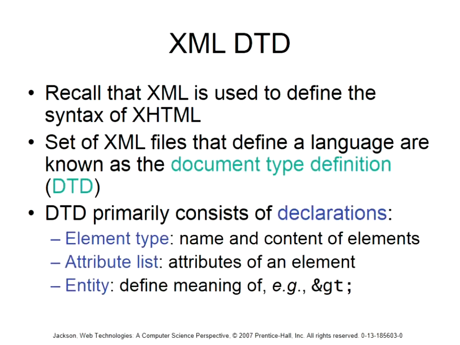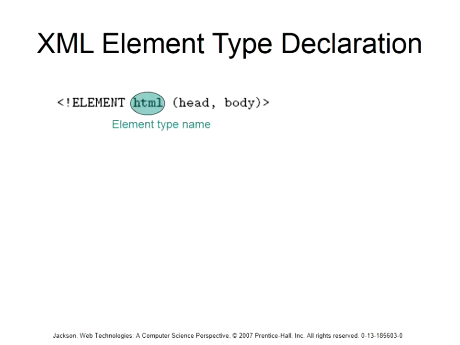So DTD is known as document type definition. Document type definition. Okay, and in this DTD there are some rules, some declarations, about element type, attribute list, entity, reference, etc. So this is an example of a rule in DTD.